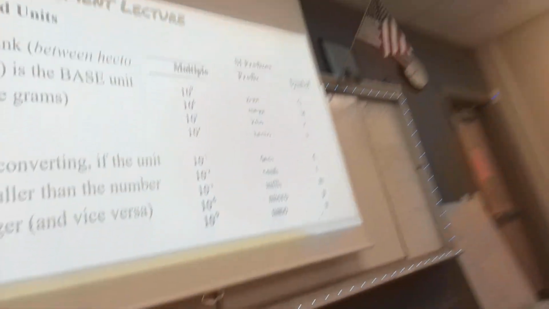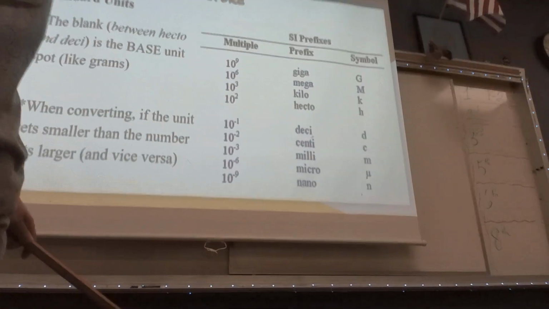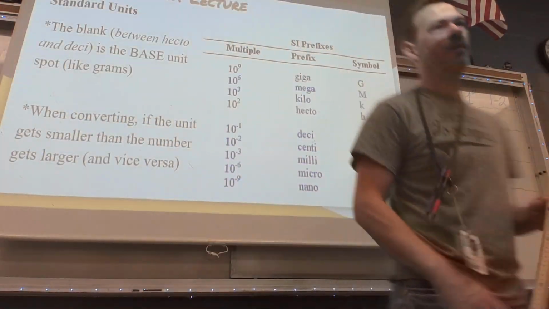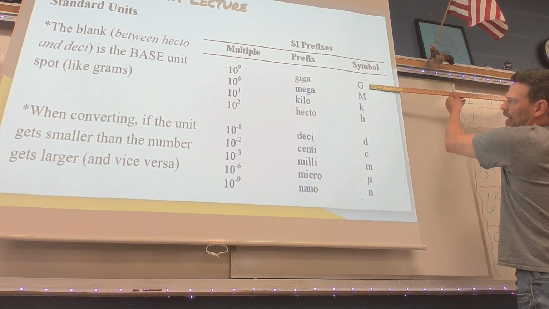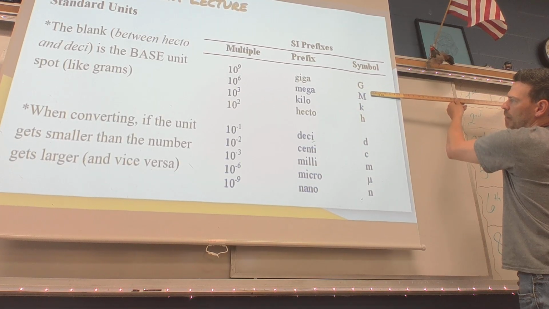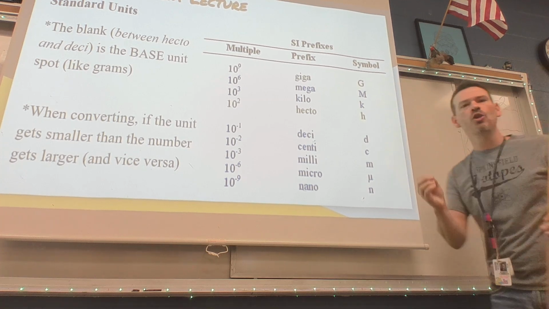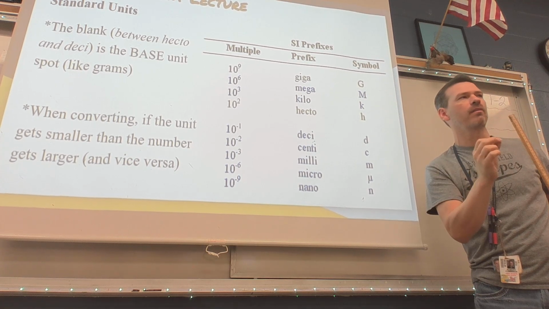Well, here's what you would do to think it through. You would find gigagrams on my little chart up here. And you would say, well, if I'm starting at giga and I'm moving to mega, are the units getting bigger or smaller?